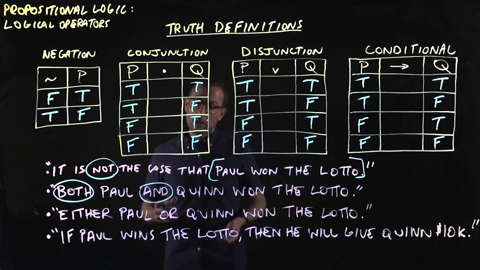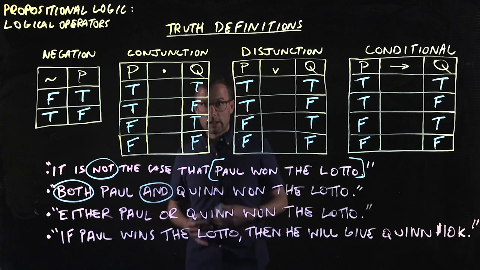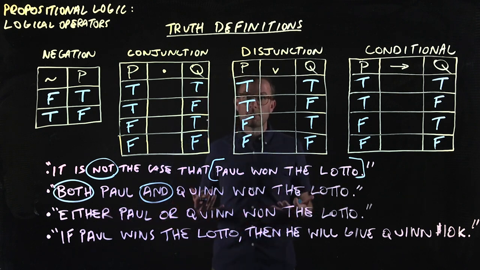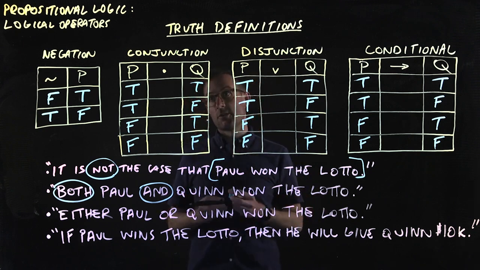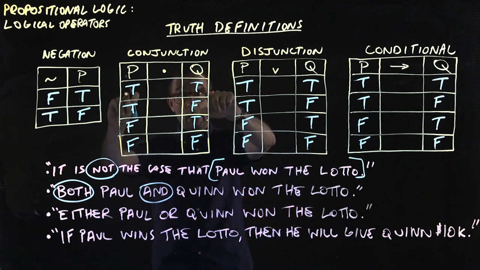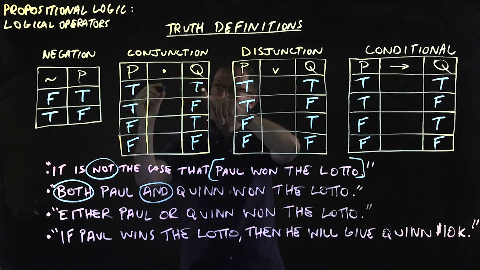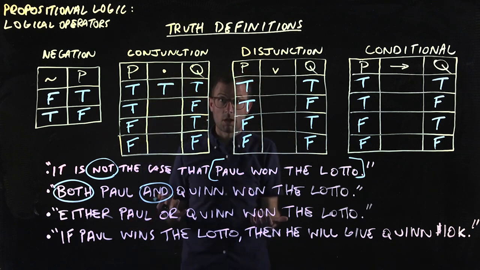The very nature of conjunction is an expression of something like both have to be the case in order for the whole sentence to be true. So looking at the truth definition for conjunction, if it's the case that Paul won the lottery and Quinn won the lottery, that would be a true sentence, just given how conjunctions work.